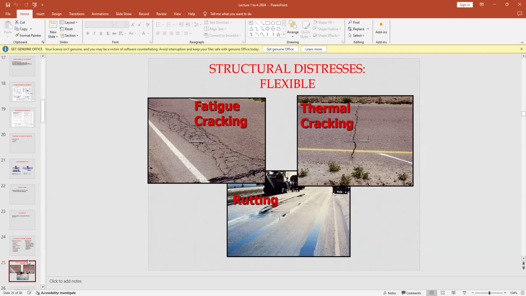If the truck is carrying more load than is allowed on the pavement, or for which the pavement is designed. Normally, you design pavement on an 8-ton standard axle load, or in our countries like Pakistan, we can go up to a 12-ton axle load.